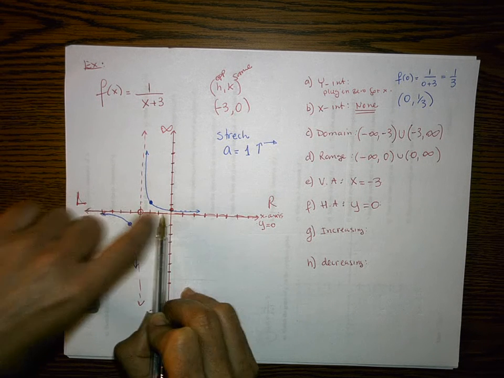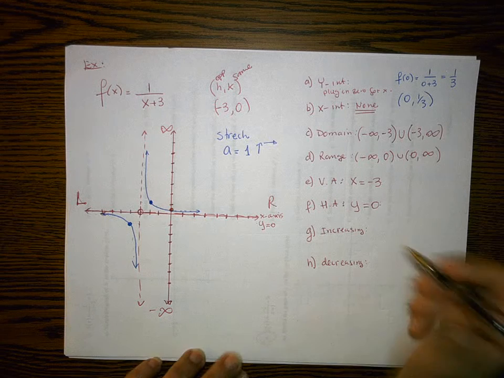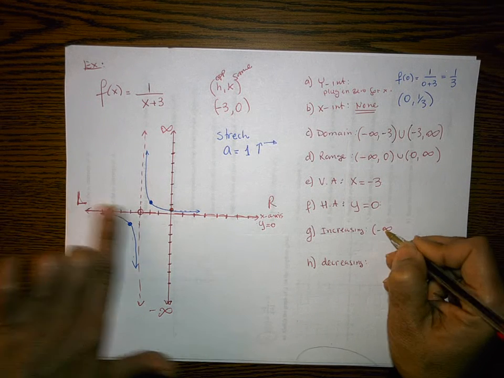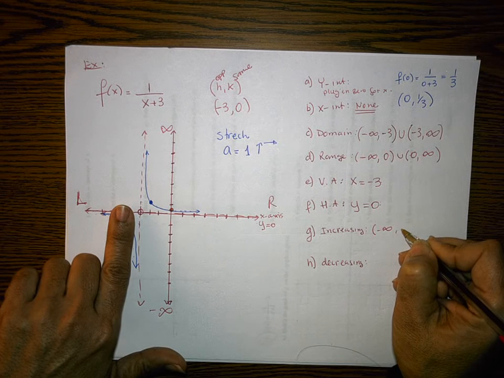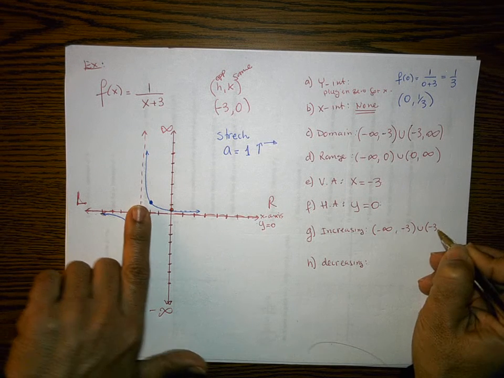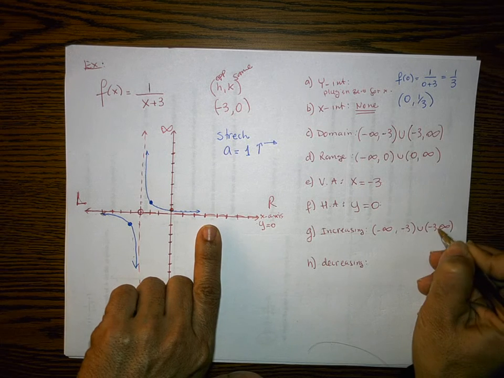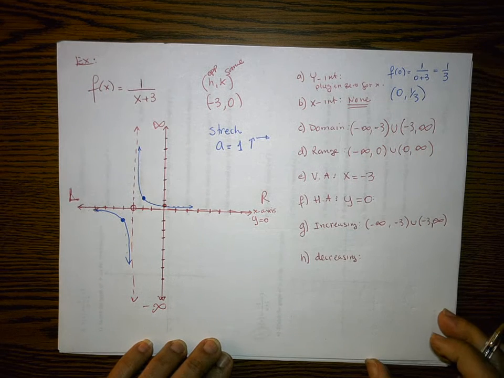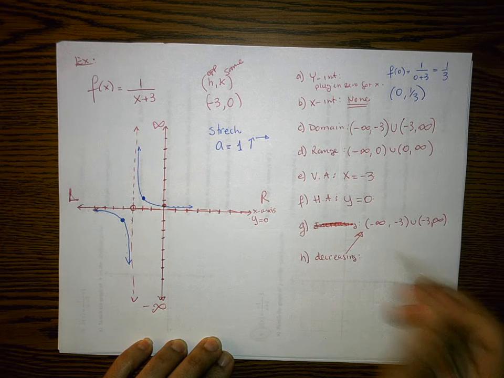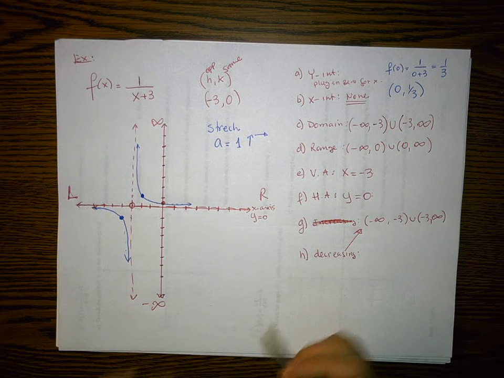You're going to get smaller and smaller fractions. So this function is decreasing from negative infinity all the way to our asymptote, which is -3, and then it picks up from -3 and continues decreasing all the way to positive infinity. Okay? Oh, I'm sorry, it's not increasing, it's decreasing. That's what this function is, it's decreasing. This function is never increasing.